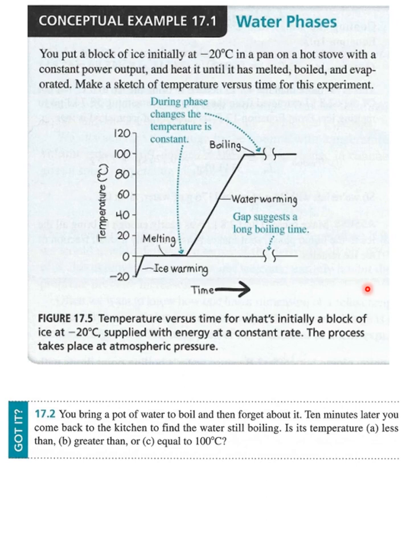It starts with a temperature of -20, and based on the equation mc delta T, the amount of heat, which, remember, we have a constant power source, so you can think of this as how much time has gone by, is equal to the mass times the specific heat of ice times the change in temperature. So in a linear fashion, it goes up, up, up, up, till it gets to 0. Now I want you to see, even though we continue to put heat into this ice, its temperature is not going to go up. While it's melting, it stays at 0 degrees Celsius.